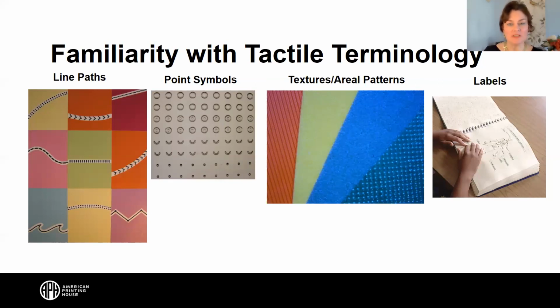And the textures and aerial patterns are used for water or some type of large region, or maybe part of a bar graph, or a colored in area of a fraction or a pie chart that we'll see later. And then labels, of course, that are just critical to making graphics as meaningful as possible.